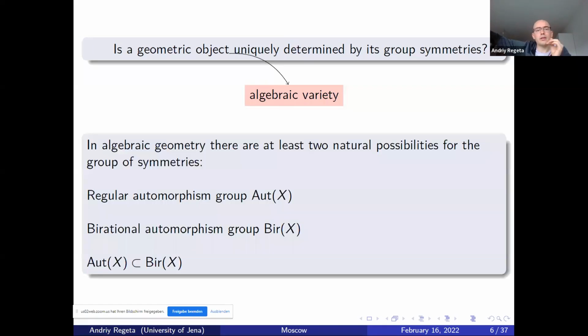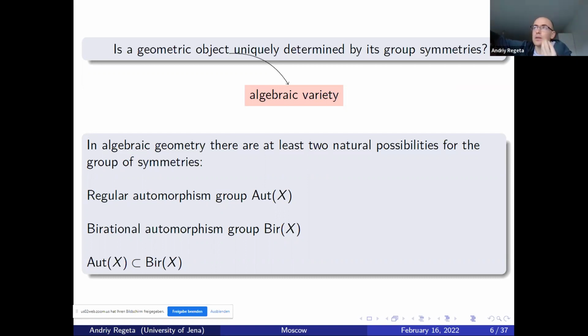There are at least two natural possibilities for the group of symmetries. One is the group of regular automorphisms of the algebraic variety X, and the other is the group of birational transformations, or birational automorphisms, of the algebraic variety X. Of course, the group of birational transformations is much, much bigger than the group of regular automorphisms.